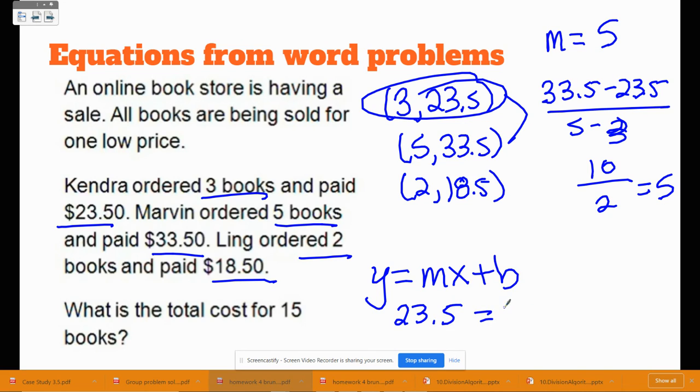23.5 is 5 times 3 plus b. That's 15. I'm going to subtract 15 from 23.5, and that's 8.50. So the y-intercept was 8.5.